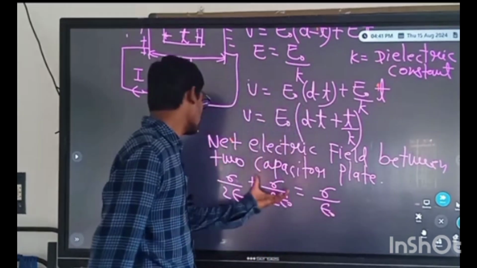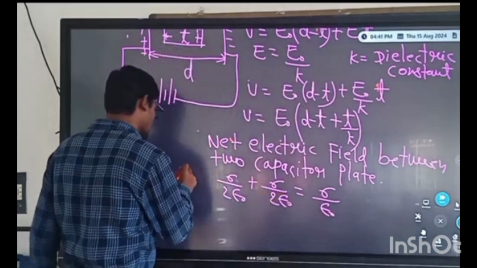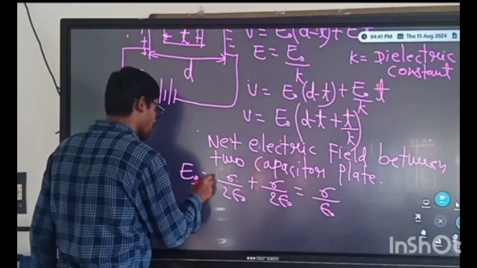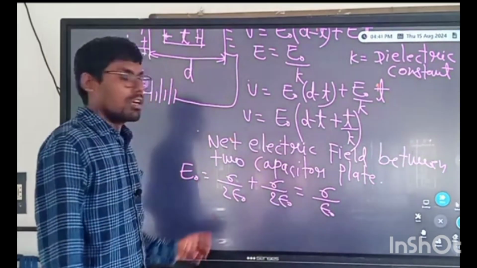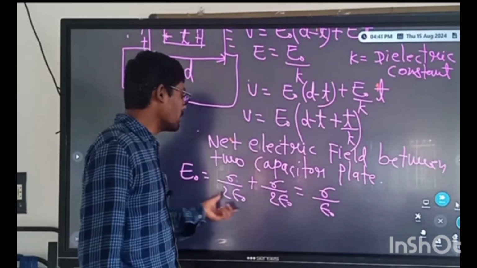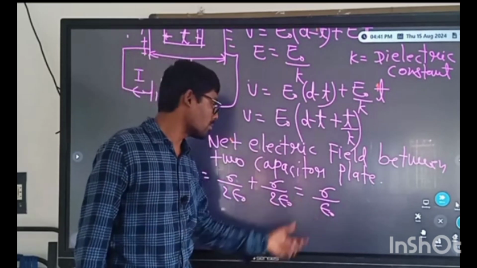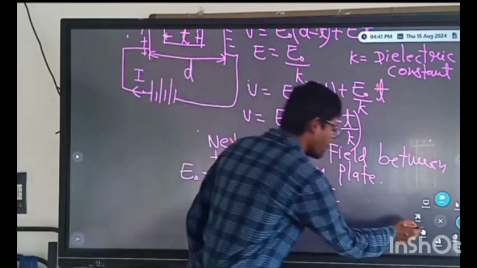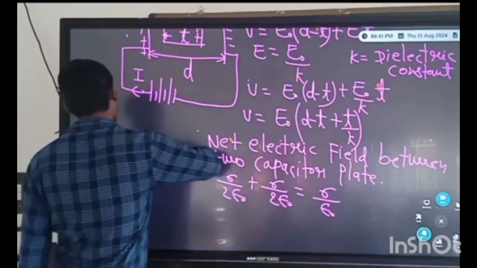So E is the total electric field between the two capacitor plates, which is equal to sigma by epsilon naught. Okay, now we'll move ahead.